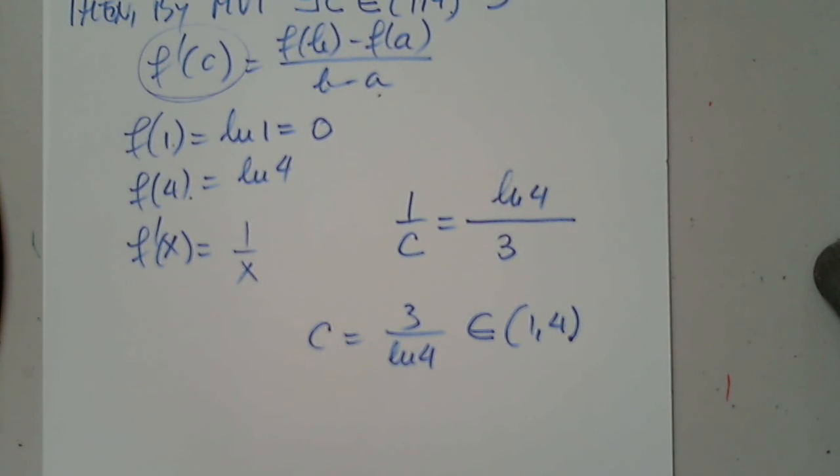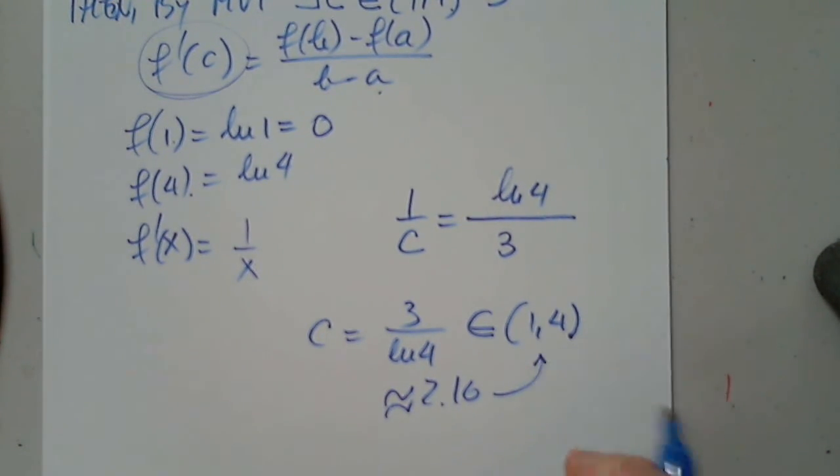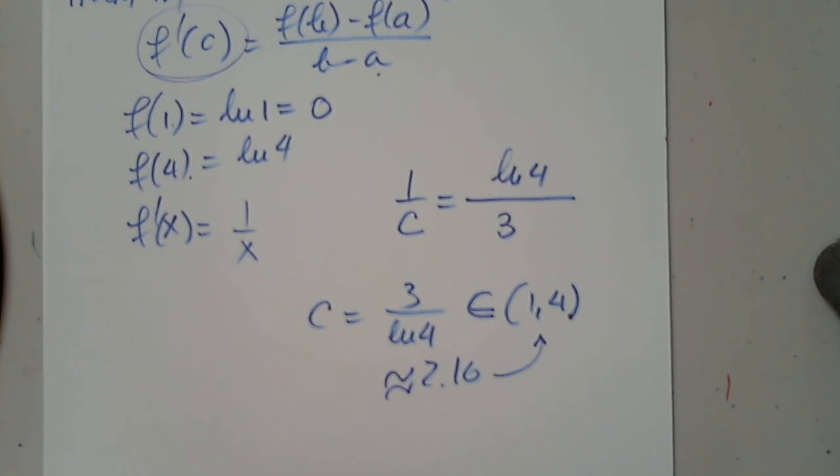So I'm sharing my screen again. Okay, so we have 3 divided by natural log 4. So it's 2.16. So what I wrote is correct, because this is approximately 2.16, which is definitely a number between 1 and 4. But I have to check.